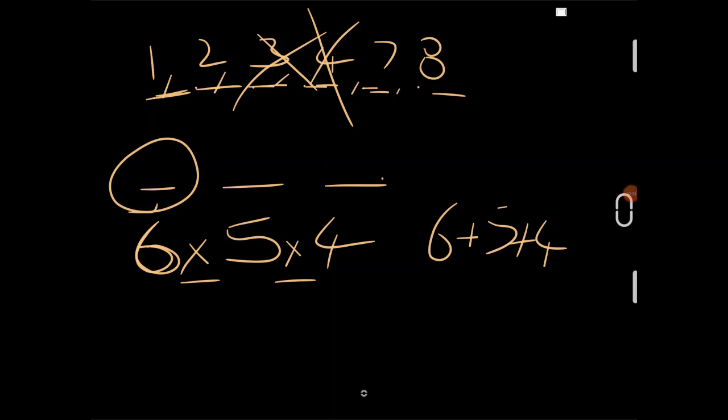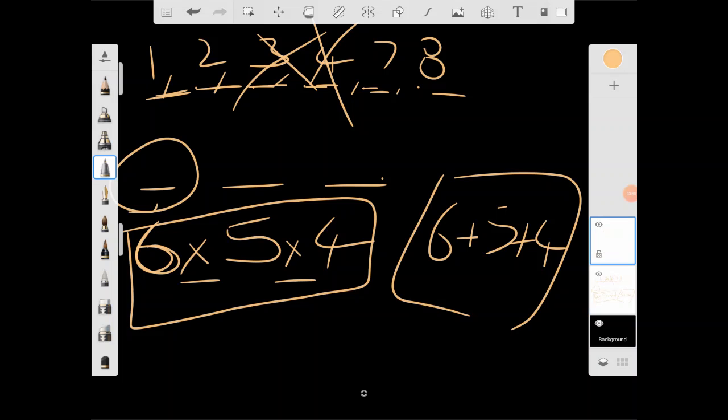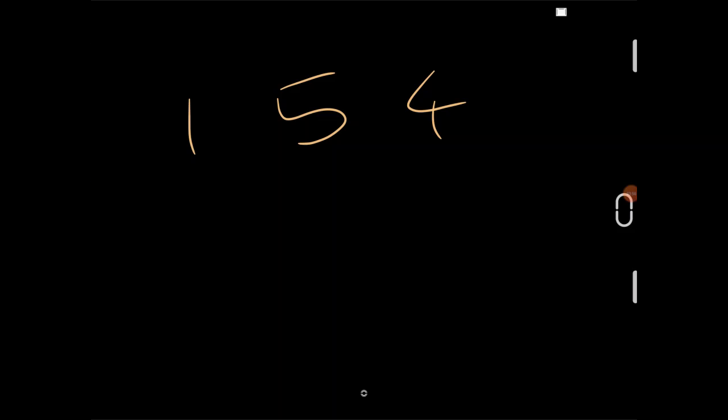Now why it is not 6 plus 5 plus 4 and why it is 6 into 5 into 4 is because this 3-digit number appears as one unit. For example, if the 3-digit number is 154, it is not some 1, 5, 4 somewhere.